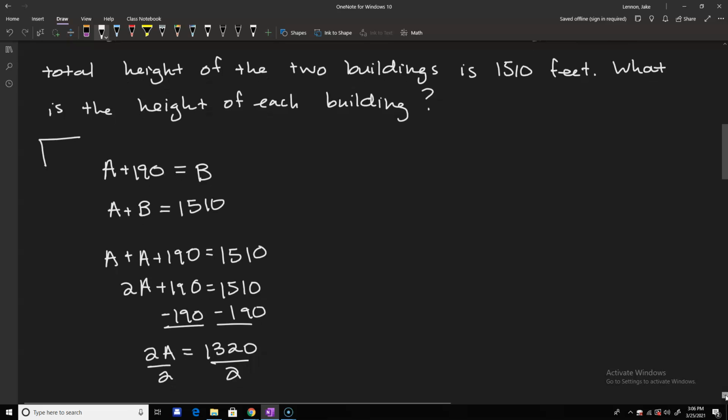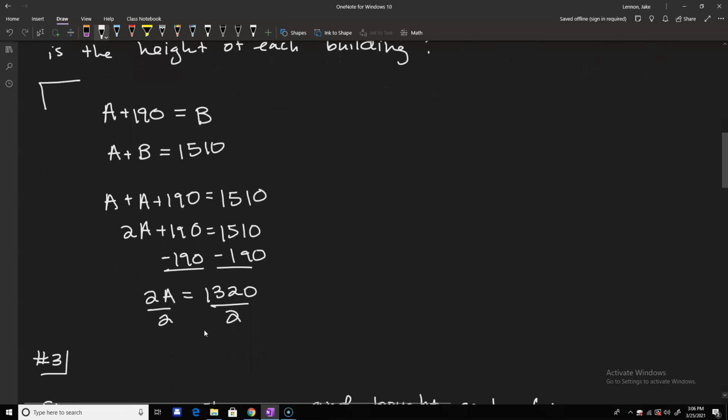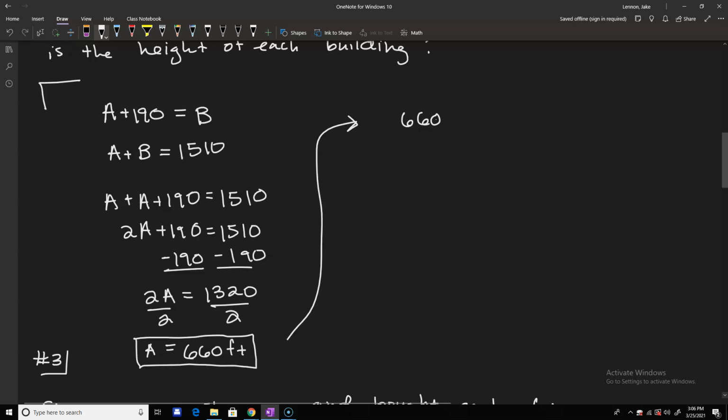So that gives us building A's height. So building A is, let's see, that should be 660. That's building A. And then plug that in to get B. So 660 plus 190 gives building B, and so that's going to be 850 feet.